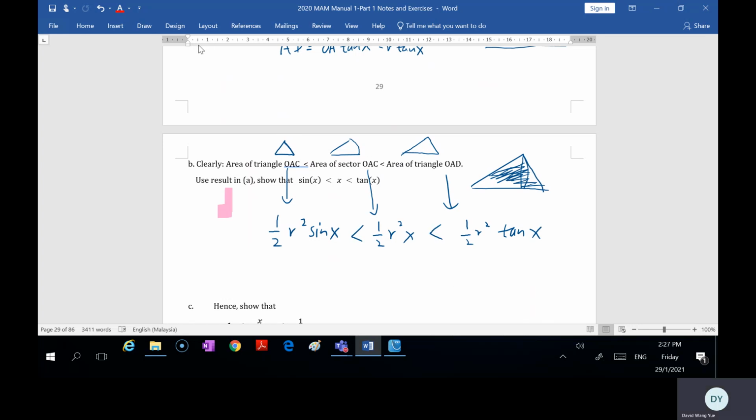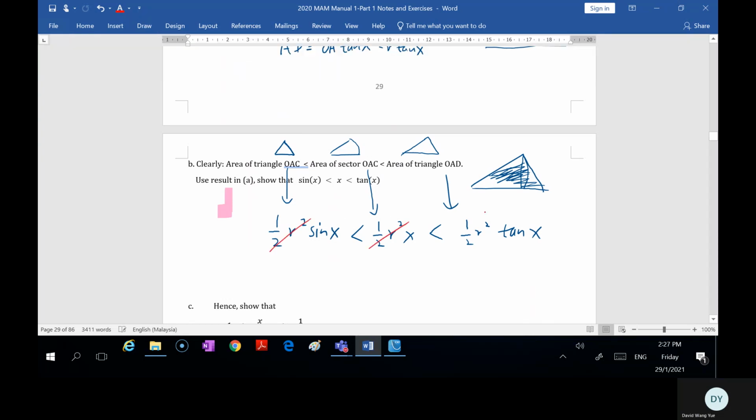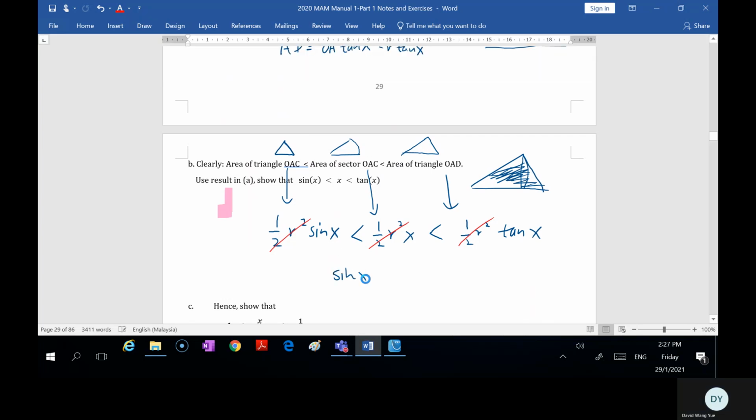Then we can simply cancel half r squared. That's why we get the conclusion that sin x is less than x, which is less than tangent x, in this case.